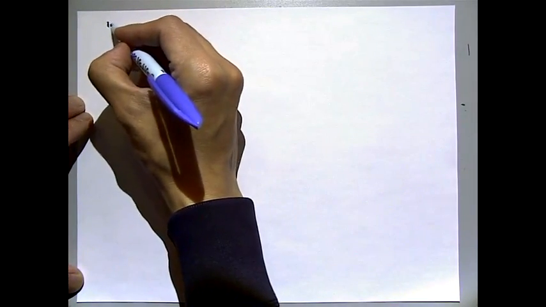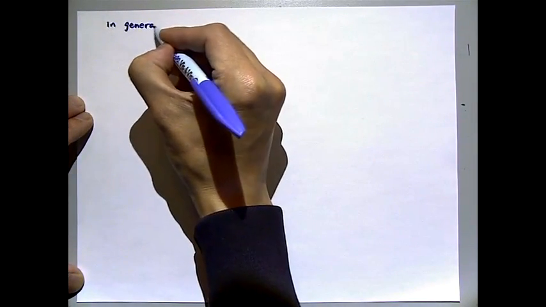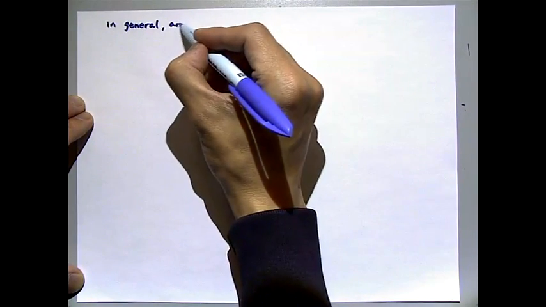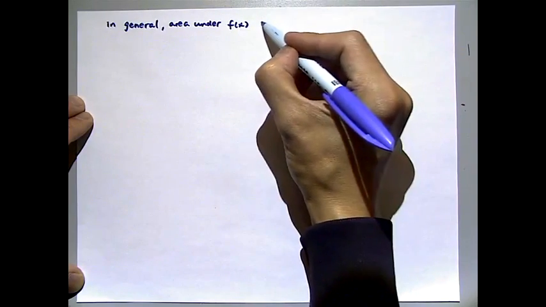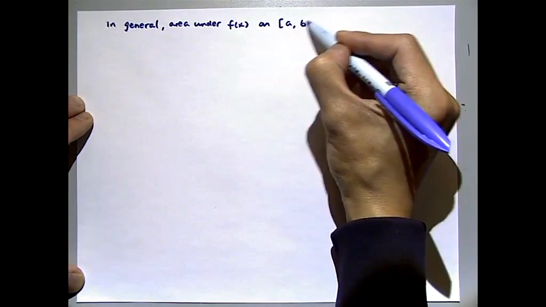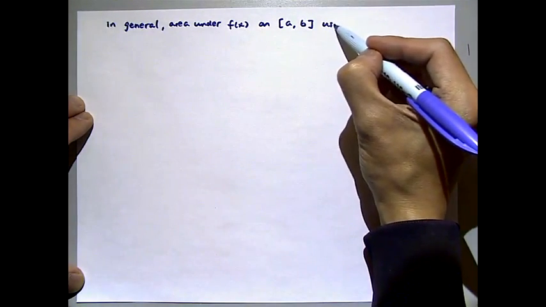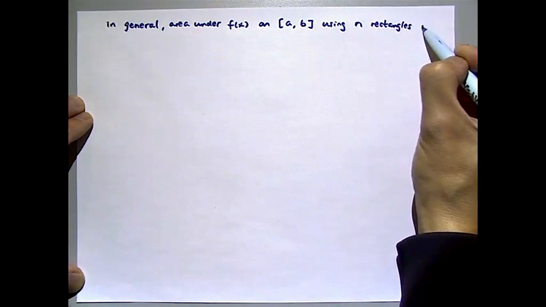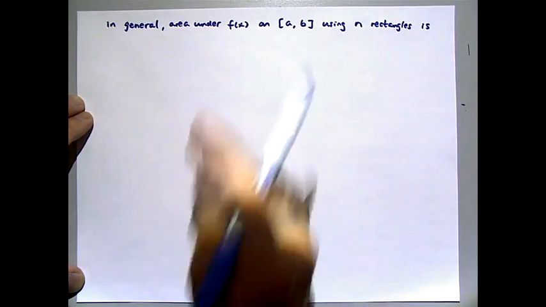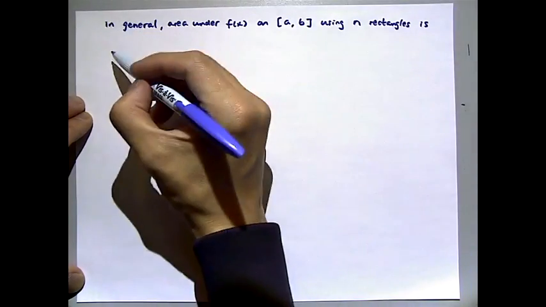All right, now we're going to introduce a new symbol and a little bit of math here and there. It may look a little intimidating, but just take these things one line at a time. So in general, the area under f of x on the interval a to b, using n rectangles, can be written as this.